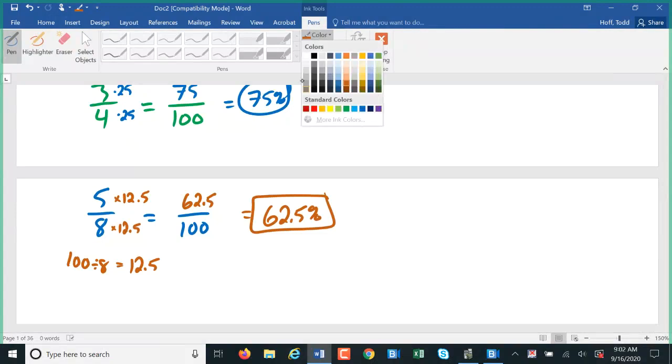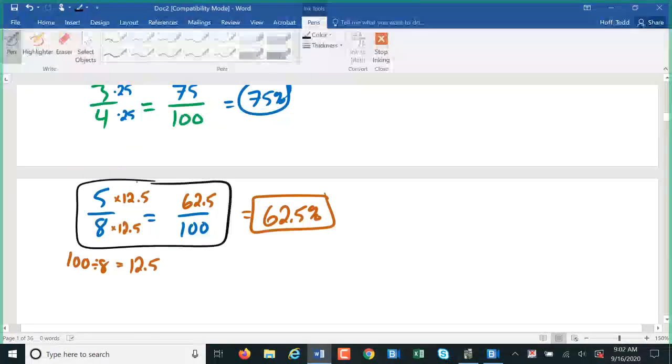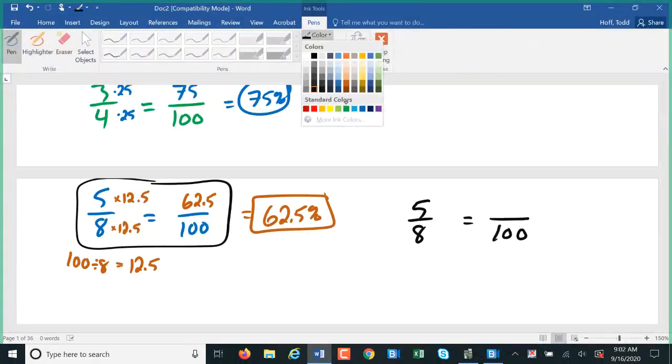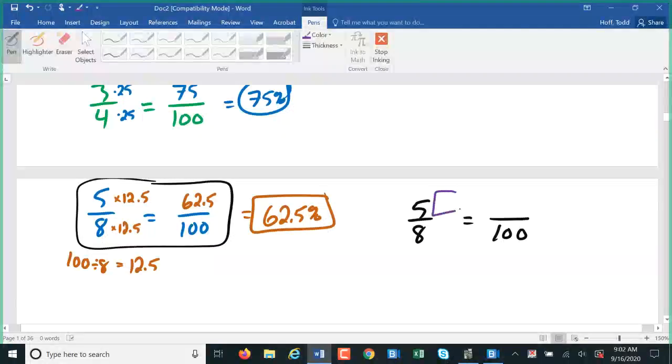Now this calculation here comes up often enough that we have developed some shortcuts for it. What we multiplied the 5 by was the 12.5. Where that came from was the 100 divided by 8.